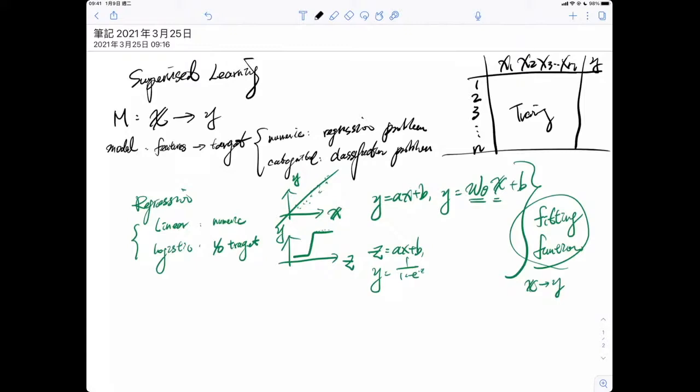No matter if it is a line, a curve, a surface, or a subspace, whatever, if I can find a simple line or curve to fit the training data, then we're done. That is good enough.